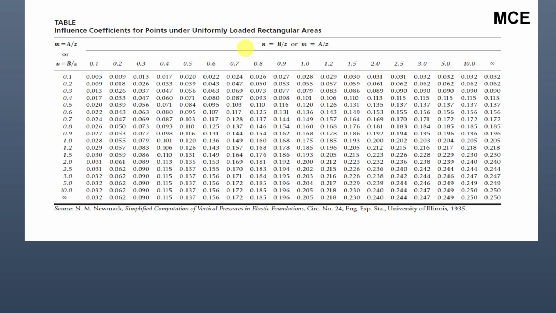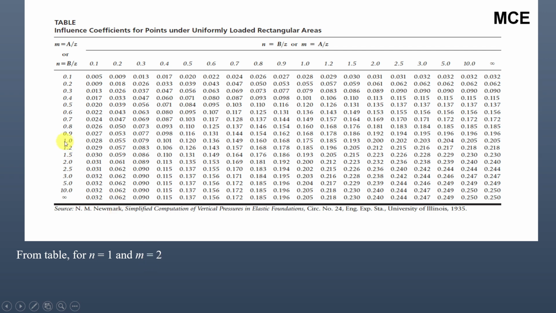Along the vertical, these are the values of M or N, you can take any one, and along the horizontal, again the coefficients N or M. So for our point A, the value of N is 1 and the value of M is 2.